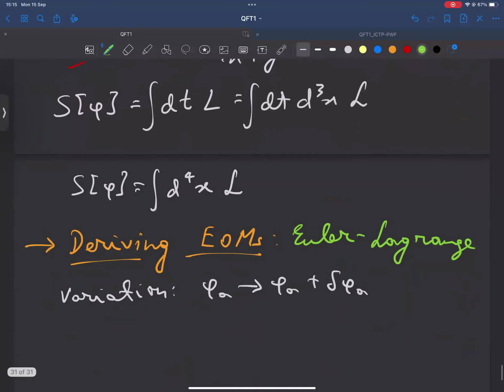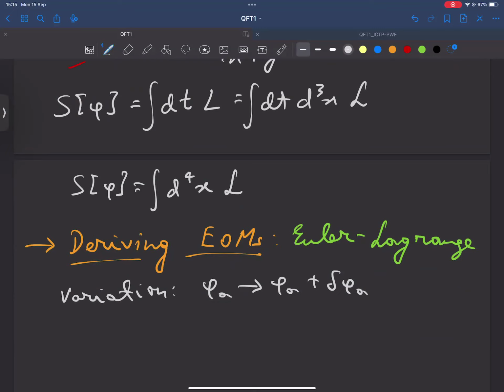I won't explain much on this because it is beyond the scope of these lectures. But when we do Euler-Lagrange, given that you have first order derivatives of fields in the argument of the Lagrangian density, Euler-Lagrange will give you second order derivatives of fields. So the equation of motion will be second order in the fields.